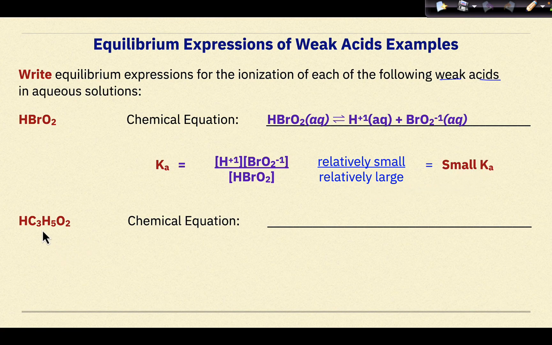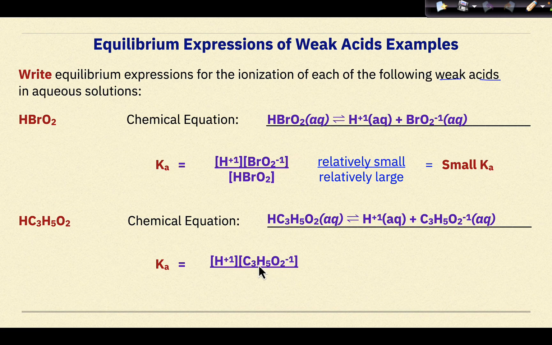Let's look at another example. This is HC3H5O2. This is propanoic acid. The chemical equation for this would be HC3H5O2 ionizes to form the hydrogen ion and the propanoate ion. To write the equilibrium expression for this, we would write Ka is equal to H+1 times the propanoate ion concentration divided by the concentration of the propanoic acid.